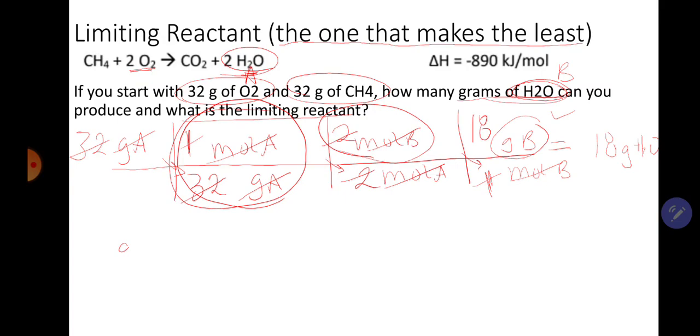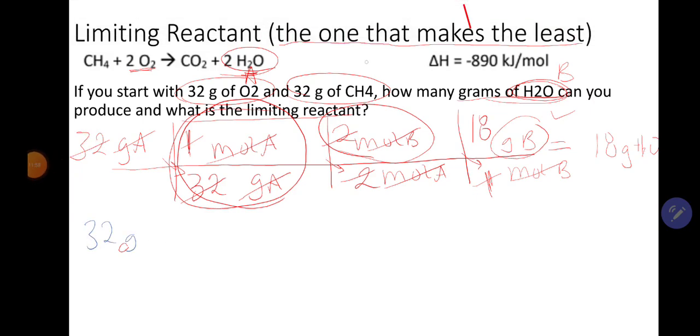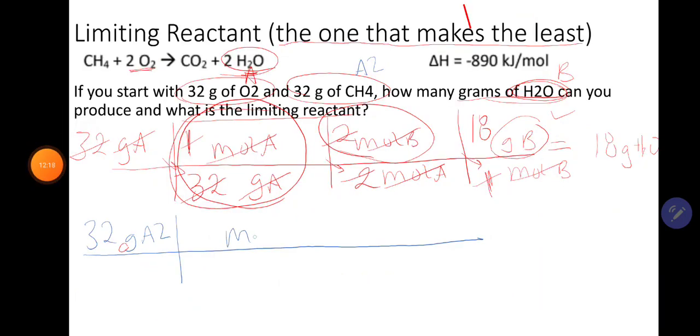So again, I'll change my color so that we can tell that it's a different reaction. So if we start with 32 grams of methane, we'll call that A2. Based on the map, we're going to go grams, mole, mole, mass. So we'll have mole A2, mole B, and then we wanted grams of B. We'll slide everybody down.